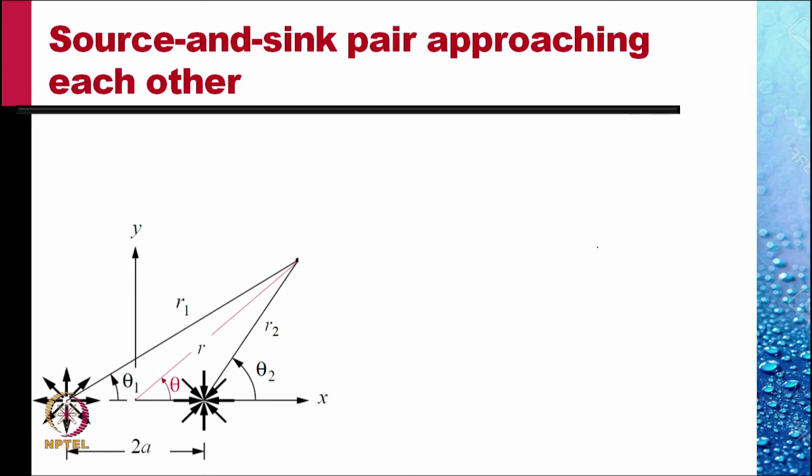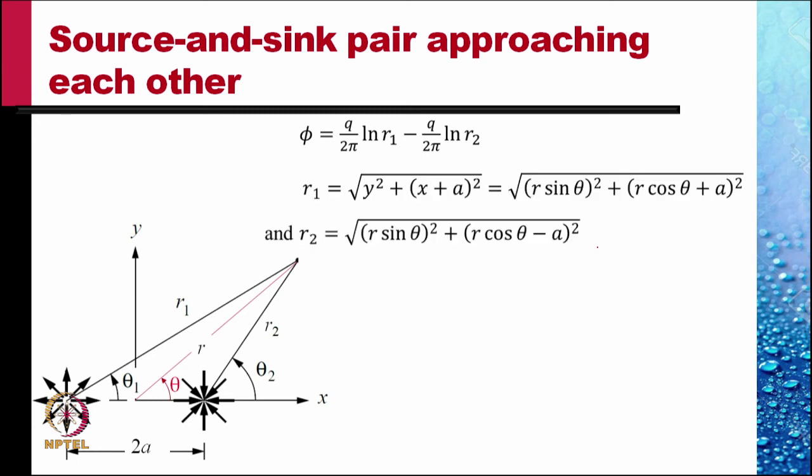In the same picture as before, the velocity potential phi is given by this expression, where R1 is under root y square plus x plus a whole square, because now the distance is measured from this point, and R2 would similarly be under root y square plus x minus a whole square. And in r and theta coordinates, the expressions are obtained like these.